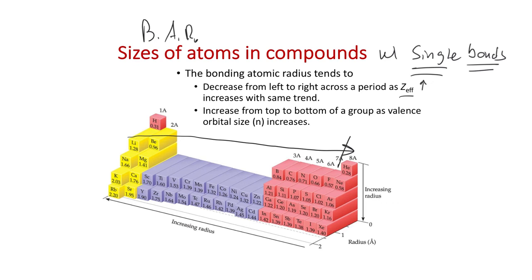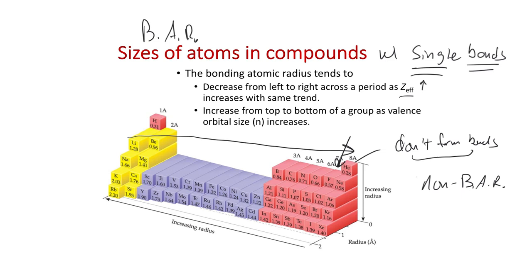Now, something kind of strange emerges in that the halogens are the smallest on this chart. Notice that the noble gases are bigger. This is kind of a nuance just because the noble gases don't form bonds like the other elements. So these are really non-bonding atomic radii for the noble gases, and they're bonding atomic radii for the others. So for every other element but the noble gases, we have that shorter bonding atomic radius on this chart.